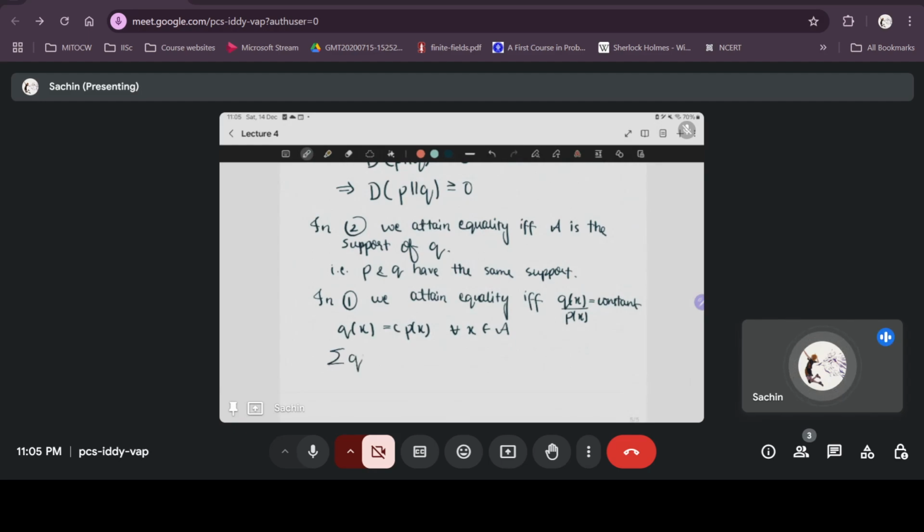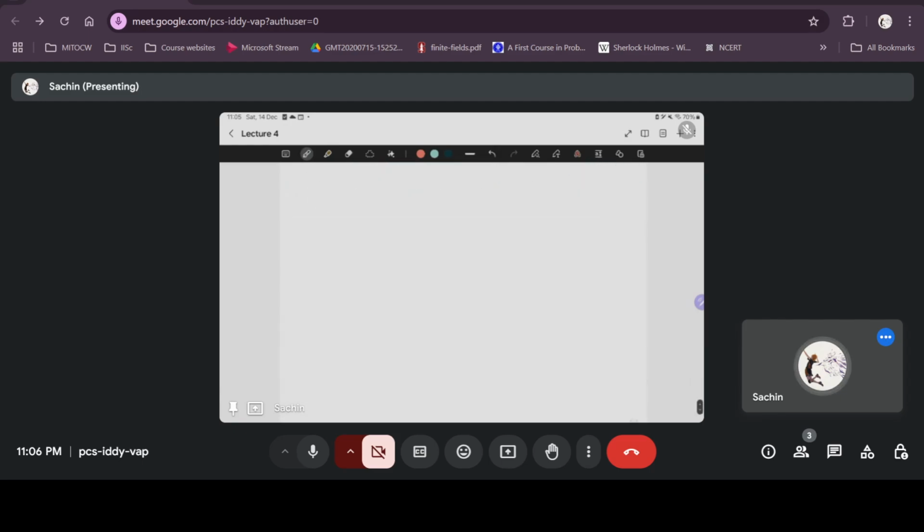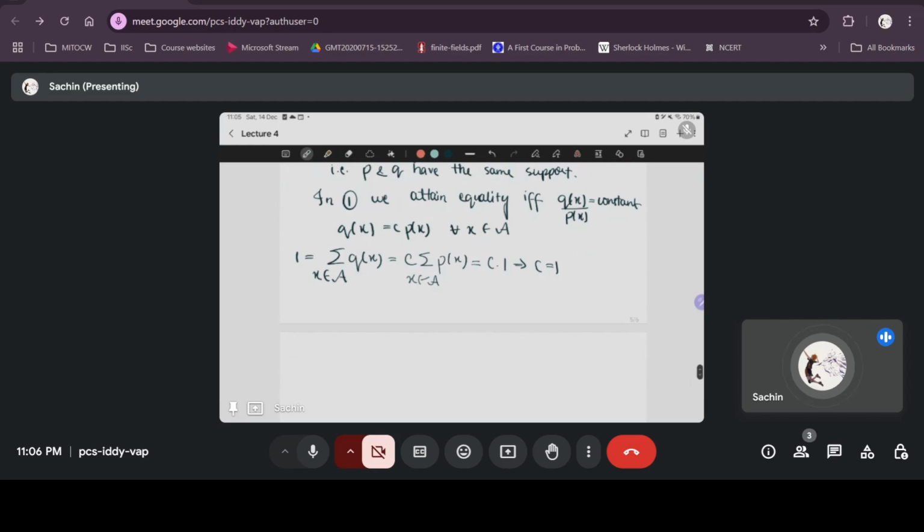But if we sum over all x in A, since that is the support of q(x), you get that 1 is equal to c times the sum over all x in A of p(x), which is again equal to c times 1. That means c is equal to 1. Therefore, q(x) is equal to p(x) for all x in A. For all x not in A, both are equal to 0.